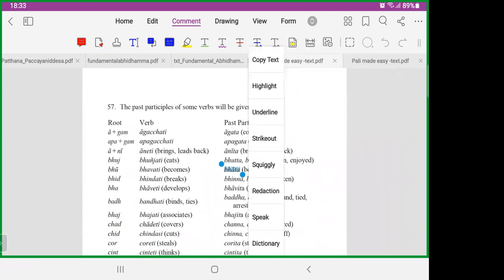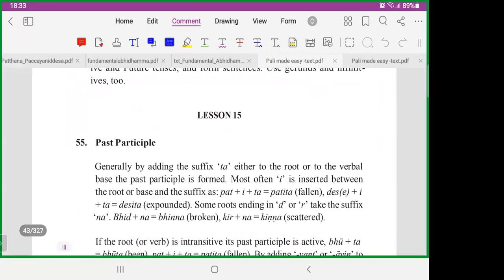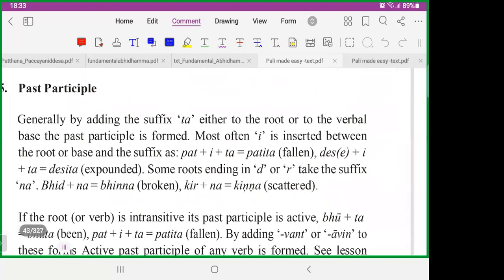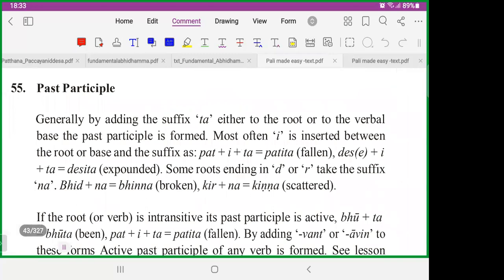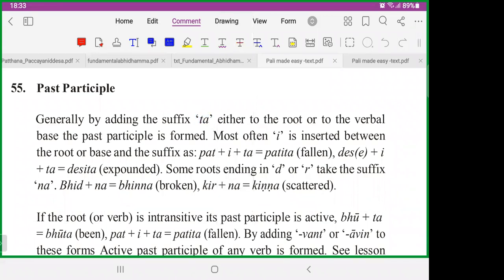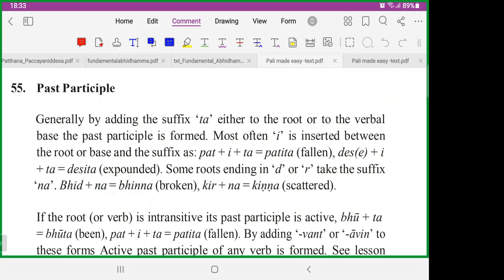Right now, since we are studying past participle, basically we are putting the suffix ta and na. So two suffixes, ta and na. If you have the book, you need to highlight this important part. The na suffix is for verbs ending with D or ending with R. So this is the key point.